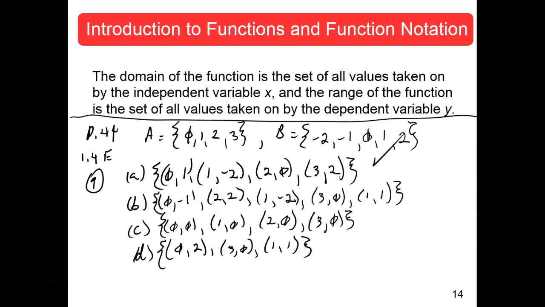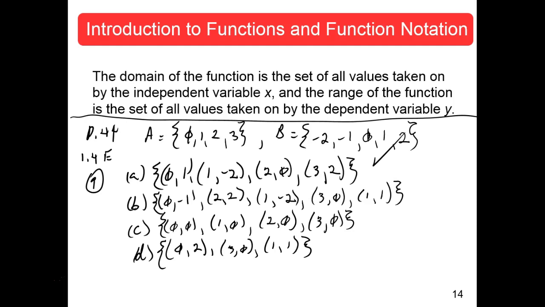In the domain, 1 is repeated. Yes, from the domain, 1 is repeated here with 2 different answers. Now, if they had a (1, -2) here twice, that's just redundant. It's okay. But (1, -2) here and (1, 1) there, not a function. A relation for sure, but not a function. So B is out.